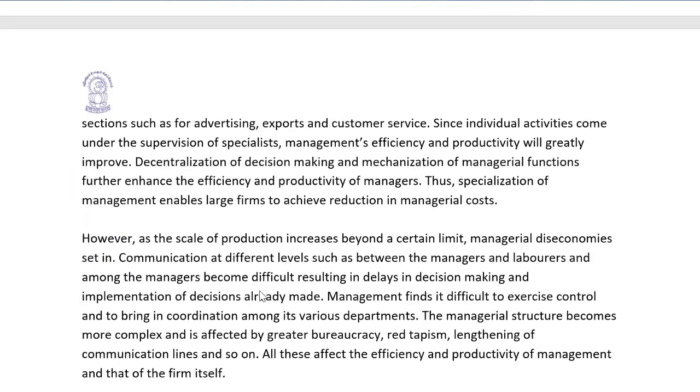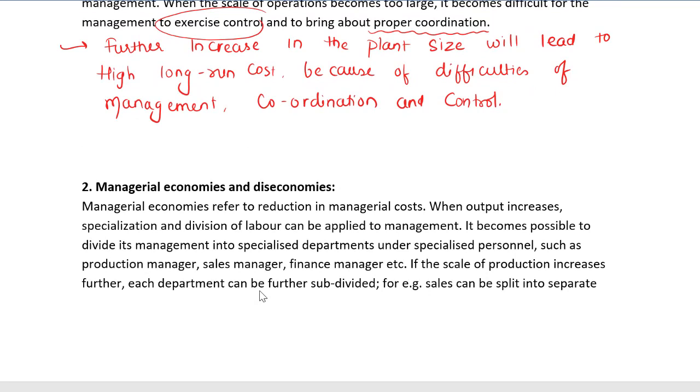Let's continue with another term, and that is managerial economies and managerial diseconomies. Managerial economies refers to reduction in managerial cost when output increases.